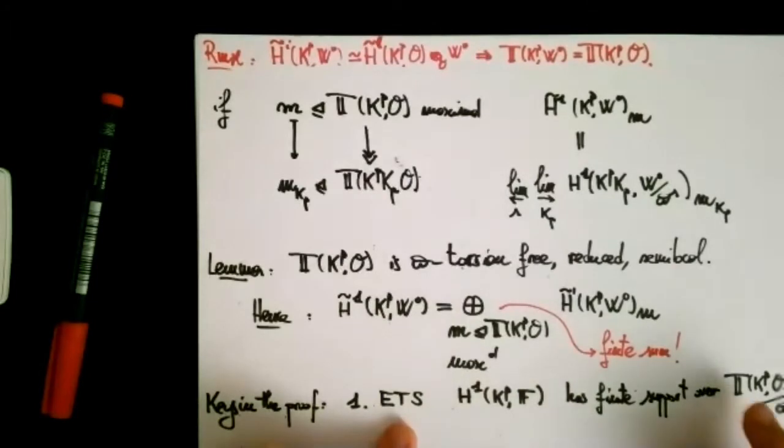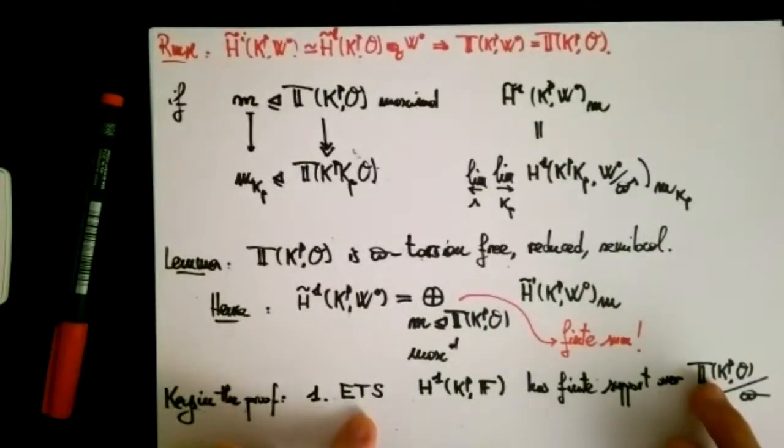And this is once again because every maximal ideal here has to contain P.